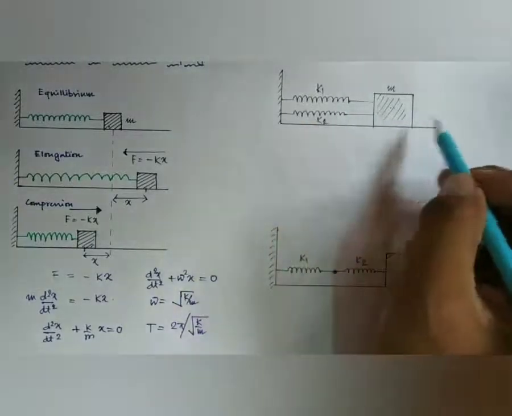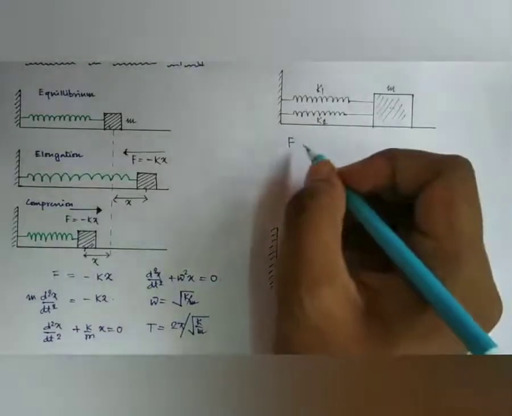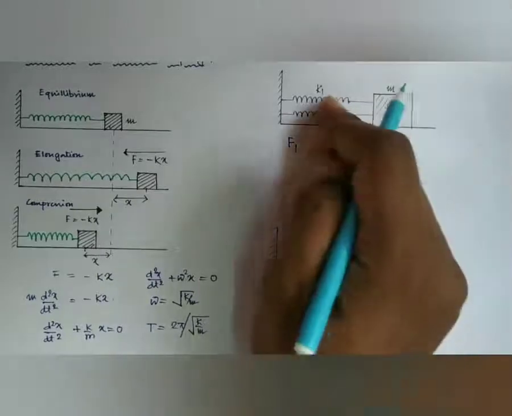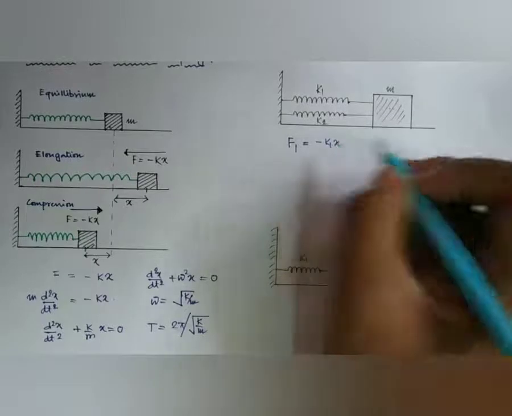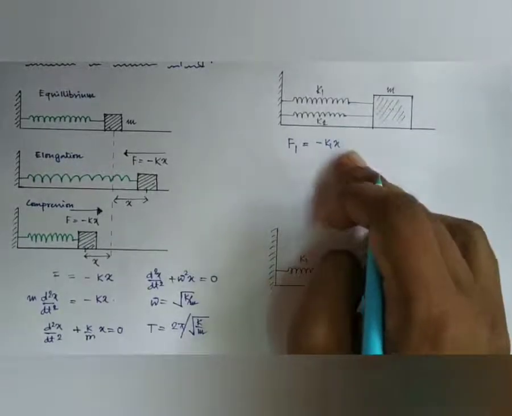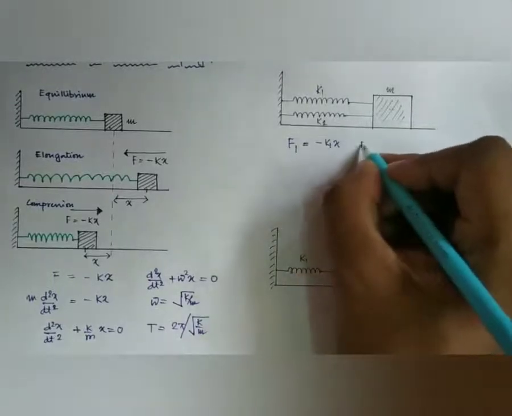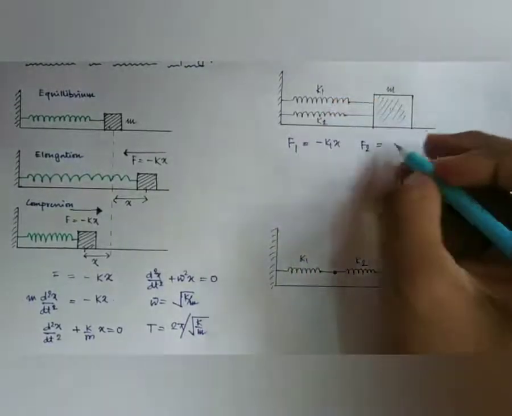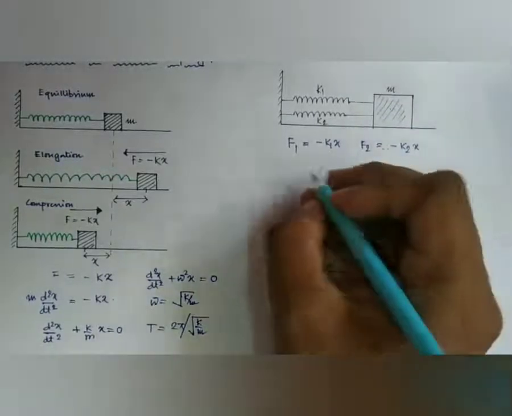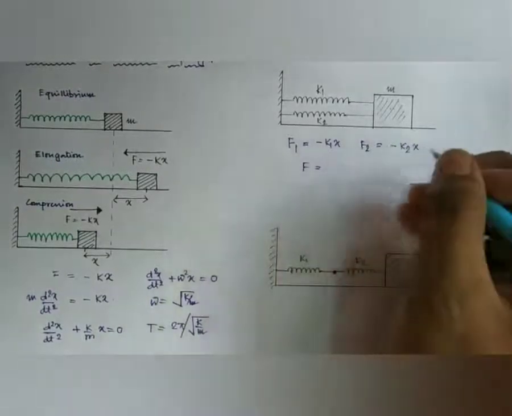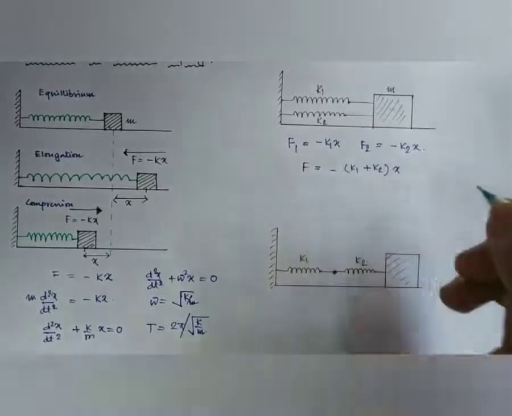But the two forces acting from the elasticity, we can write F1, the force on the spring k1, equal to minus k1x, where x is the displacement due to the pulling of the mass towards right, and F2, the force on the second spring, will be minus k2x. Then the total force acting on the body will be minus (k1 plus k2) into x.